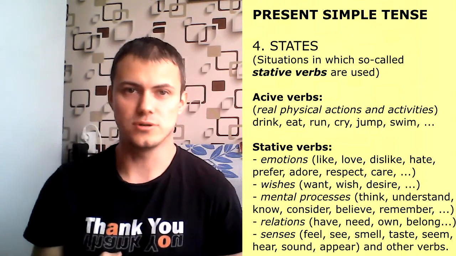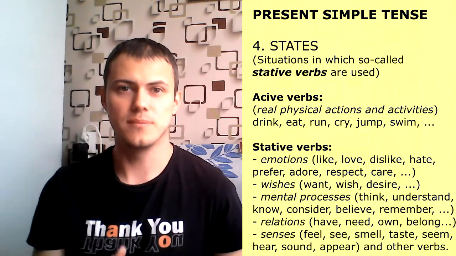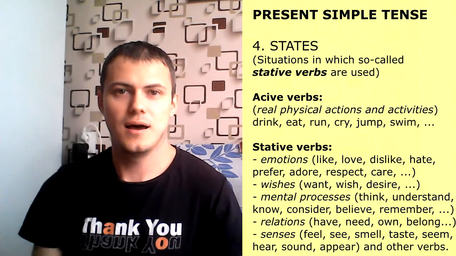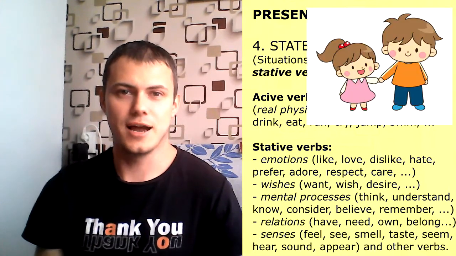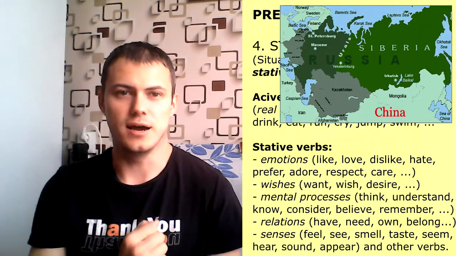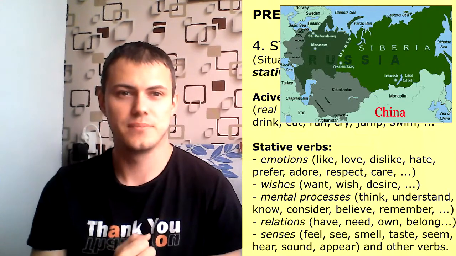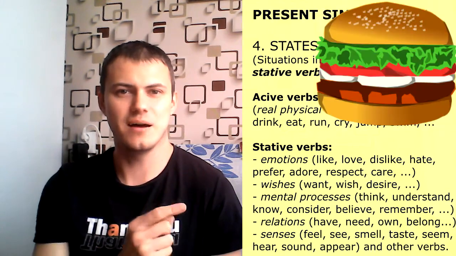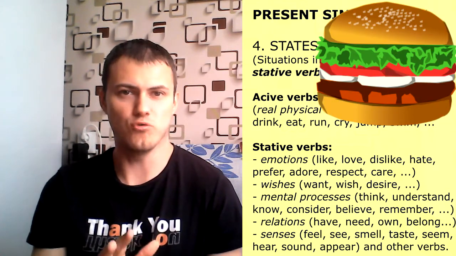I want ice cream. I want both ice cream and coffee. Another example. I have a younger sister. That's true. Siberia belongs to Russia. These flowers smell good. This hamburger tastes awful.